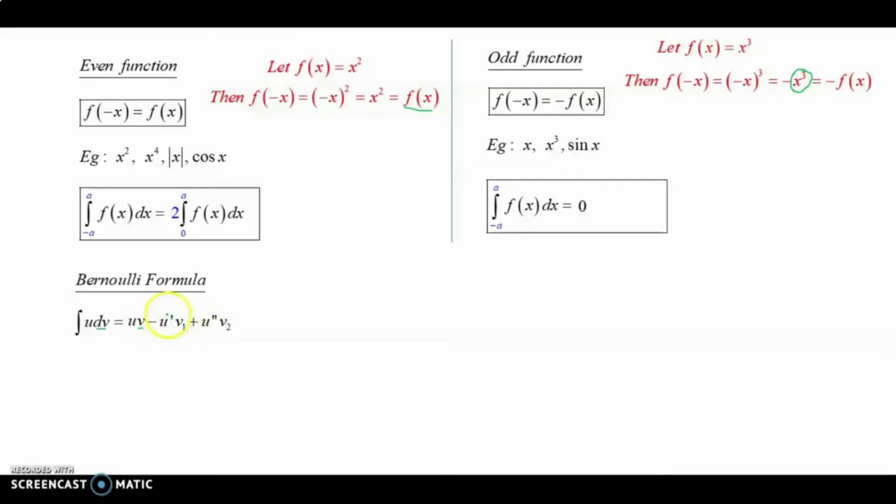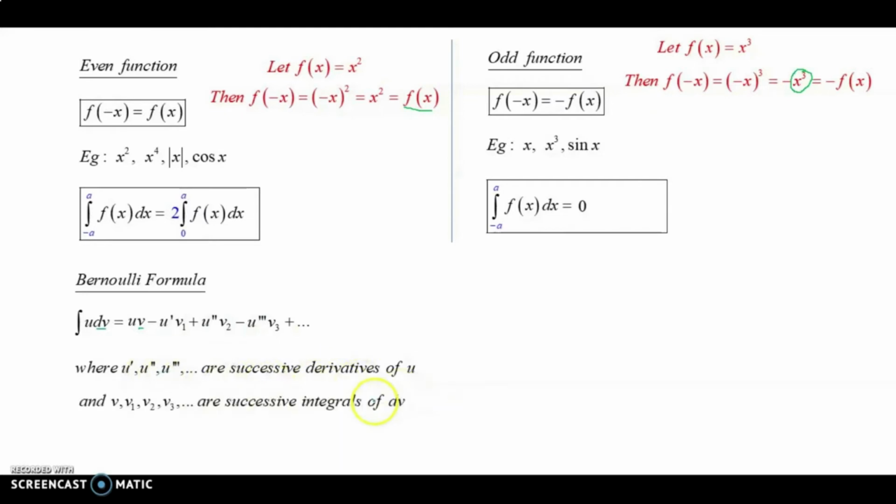Again, differentiate u dash to get u double dash, integrate v1 to get v2, alternate sign minus. Differentiate u double dash to get u triple dash, integrate v2 to get v3, and likewise, until we reach 0, where u dash, u double dash, u triple dash are successive derivatives of u, and v, v1, v2, v3 are successive integrals of dv.